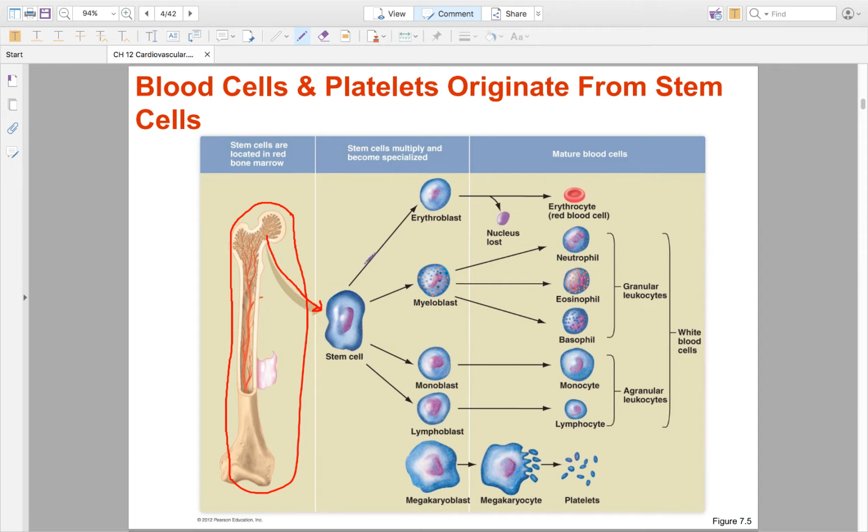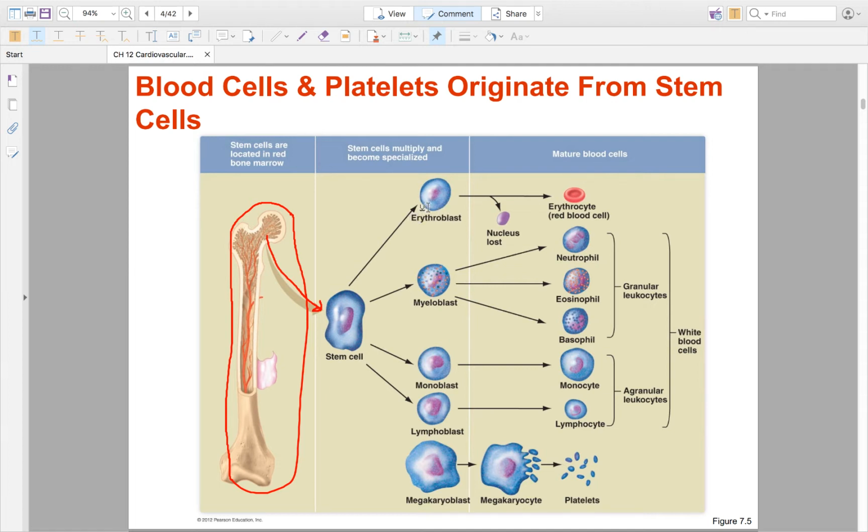What we're showing here is the origin of red blood cells. A red blood cell starts as an erythroblast. If you remember from a previous chapter, an erythroblast is an immature red blood cell.